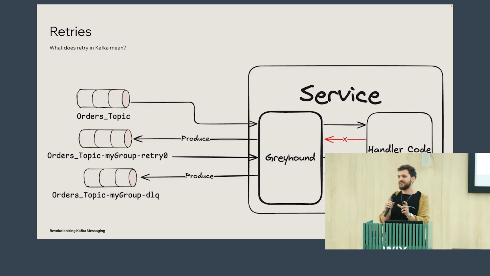Now, this handler code is the side effect, the message handler that we saw earlier. If this handler throws an error, we will produce the message to the retry topic and consume it as well, because Greyhound already subscribed to the retry topic. It's going to invoke the handler code again. If it fails again, it goes to the DLQ.